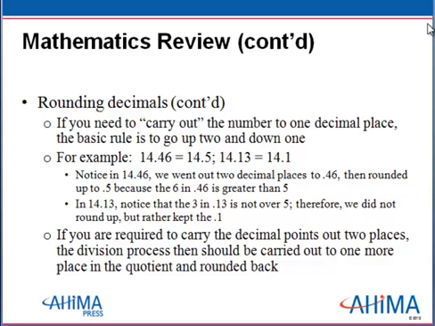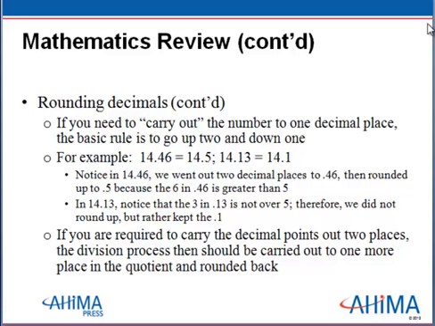If we need to carry our number to more than one decimal place, our basic rule that we will apply in healthcare statistics is to go up 2 and down 1. So some examples in the middle of the screen here. If we have 14.46 and we went out to 2 decimal places, and then we round up to 0.5, because the 6 in the 4/6 is greater than 5.